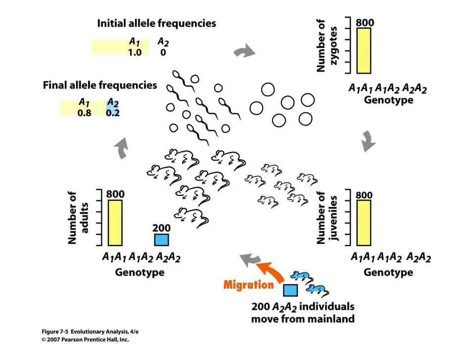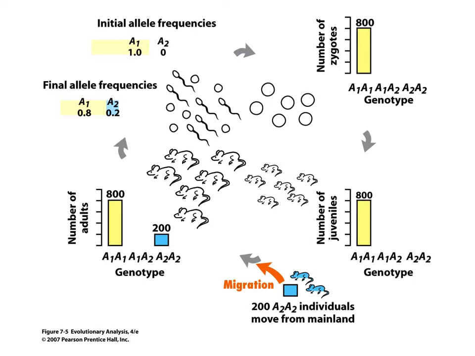The zygotes grow up, form 800, I guess in this case, mice, right? Then we have the migration event. The migration event is a group of 200 mice from the continent coming into the island population. I guess the mouse and island isn't that great of an example, but let's just go with it.